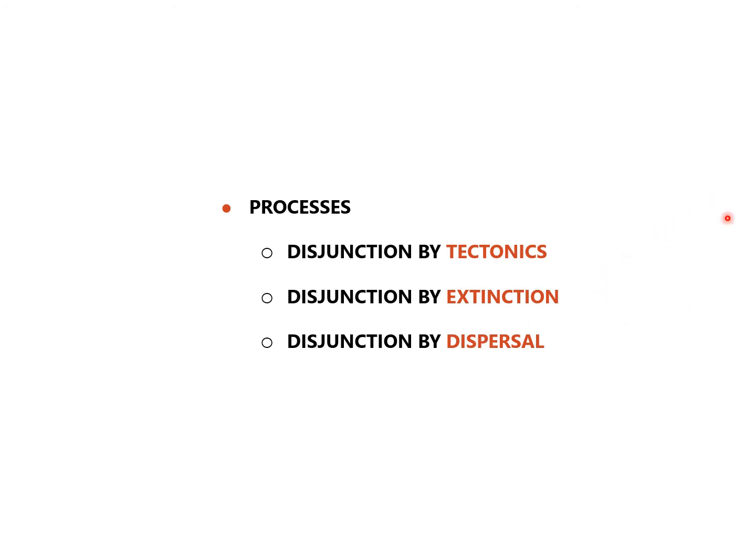So basically you had a continuous range, and then in the middle some populations went extinct and it's no longer continuous. Or it can be disjunct by dispersal. So you could have a barrier that some individuals are able to disperse over, and then you have two disjunct populations. So these are the only three ways that a population can become disjunct.